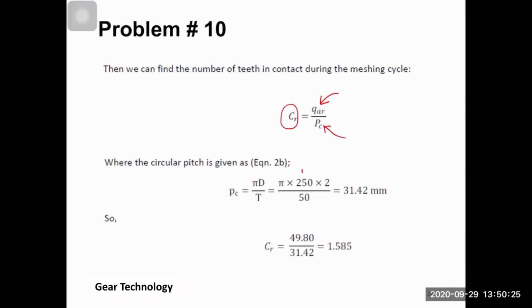But here we have the pitch circle diameter of the gear and the number of teeth of the gear, and this gives you the circular pitch. From here, if you substitute this value, this gives you the contact ratio, which is 1.585.